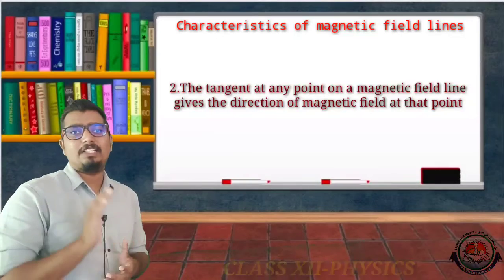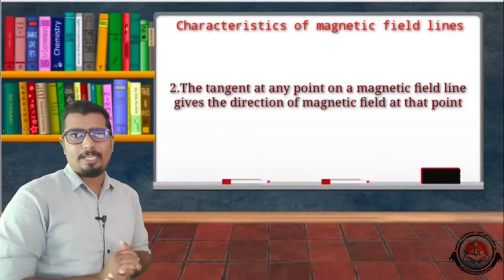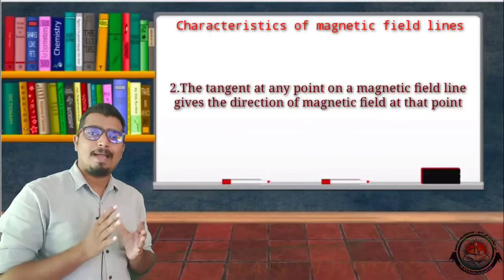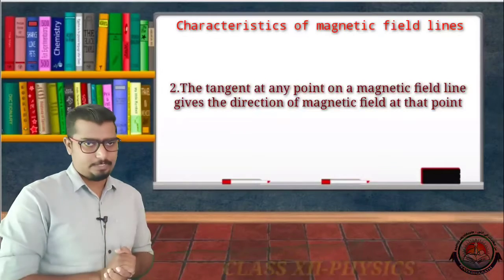The tangent at any point on a field line gives the direction of the magnetic field at that point.